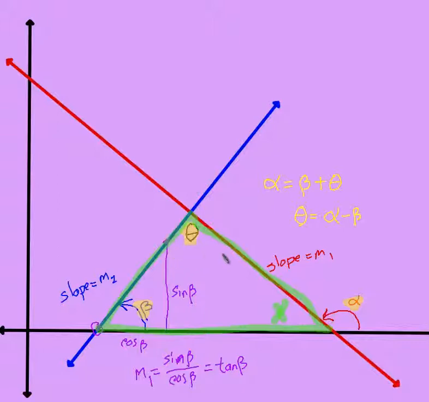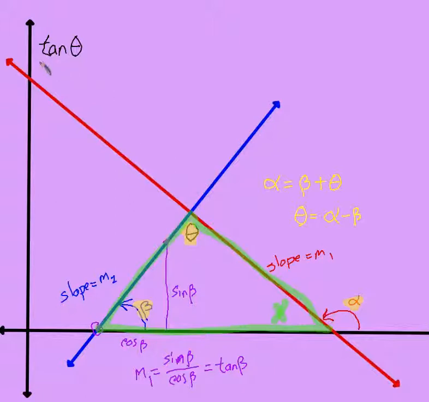So now if we want to find the measure of this angle, if we're looking for angle theta, we can use the tangent identity that we learned in class, and it's going to work this way. We're going to start by saying, I wonder what the tangent of theta is. There's no particular reason why you should notice that I should be looking for the tangent of theta. Really what I'm looking for is theta.